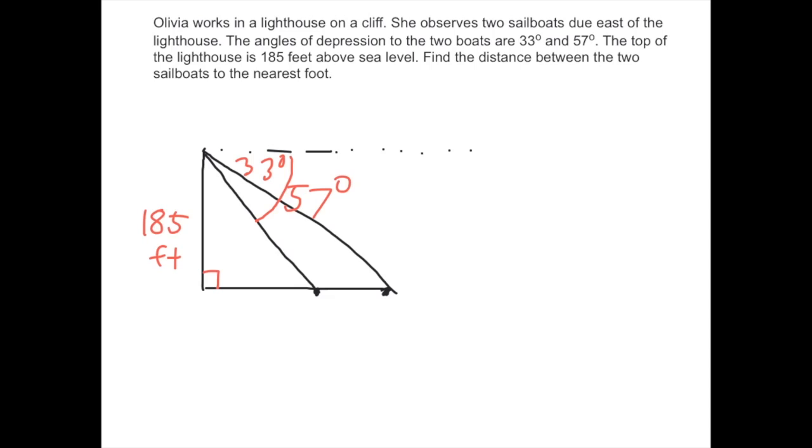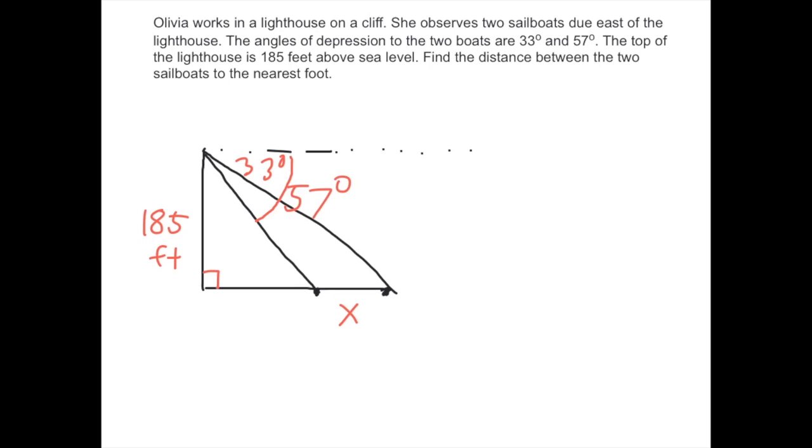So they want you to find this measurement right here, x. In order to find that measurement, you essentially will have to find the measurement of the two right triangles. So you'll have to find this whole measurement here, and subtract it from this measurement here.